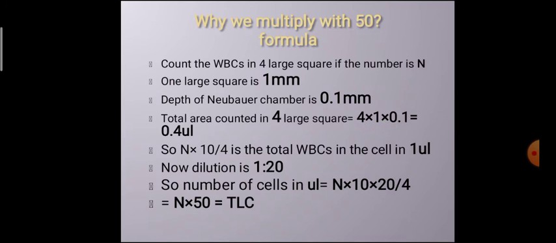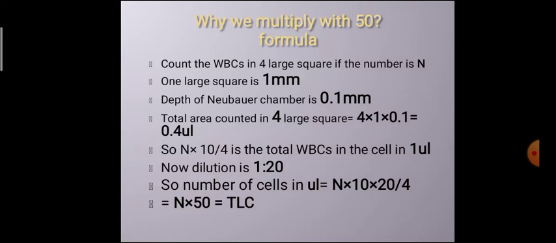The depth of the Neubauer chamber is 0.1 mm. As I told you, the depth is the space between the Neubauer chamber and the cover slip, and normally it is 0.1 mm.